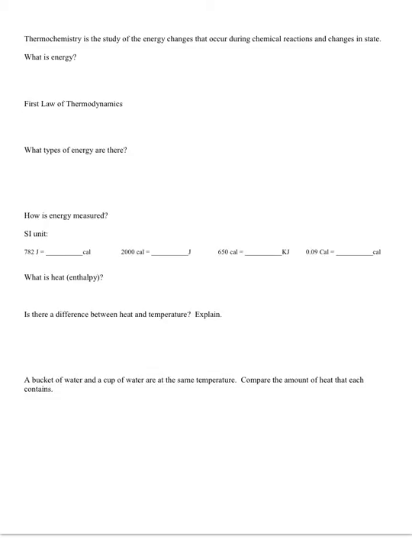And remember, we did a bunch of changes of state two chapters ago with Chapter 15 in states of matter. So there's about 7 different ways that we can calculate energy.